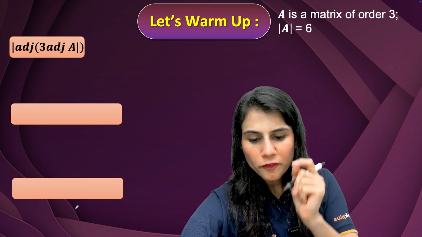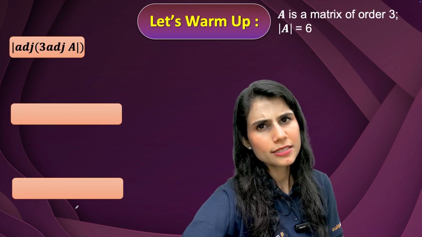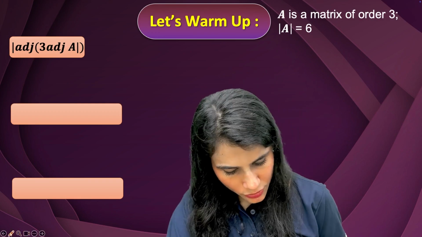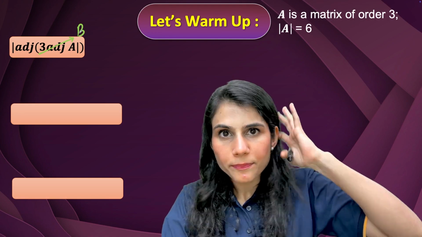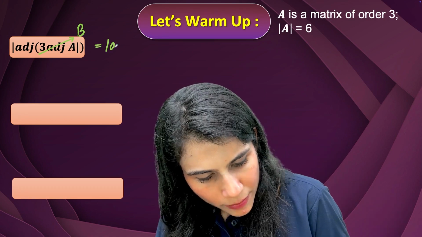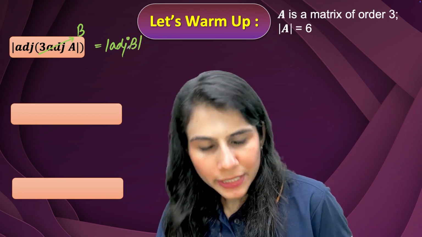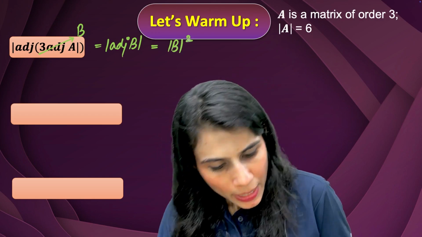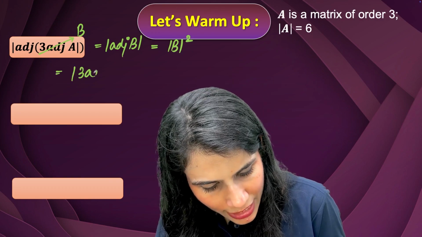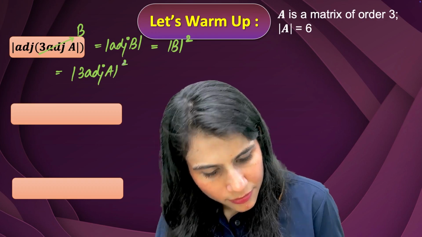Moving ahead. Fourth is this. Determinant of adjoint of 3 times adjoint of A. What is this? Again, here what you can do is play smart, treat this as the matrix B. So what will happen? This will give you determinant of adjoint of B, correct? Which is determinant of B to the power n minus 1. But B is nothing but 3 times adjoint of A. Yes or no?